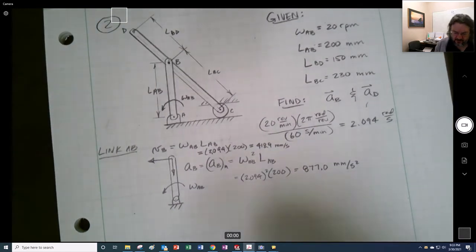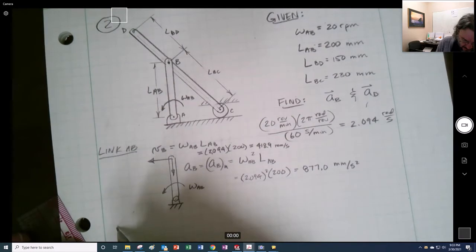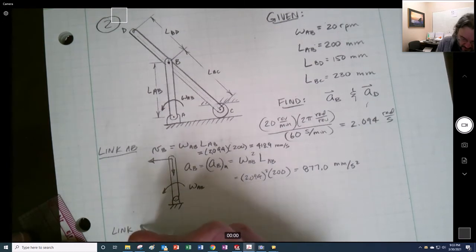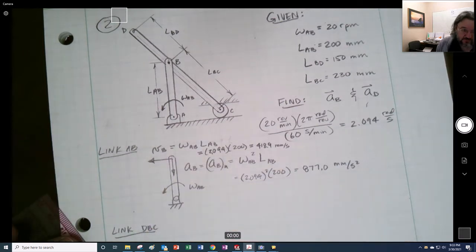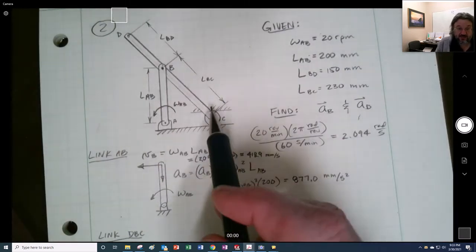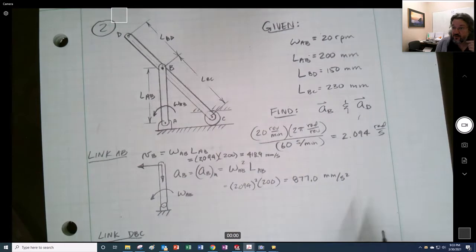Okay, now we do the velocity analysis of the link. I'm going to call it BCD, but it's not the right order. I'll go DBC. Link right here. Now, one aspect is the velocity. It has to be horizontal here.